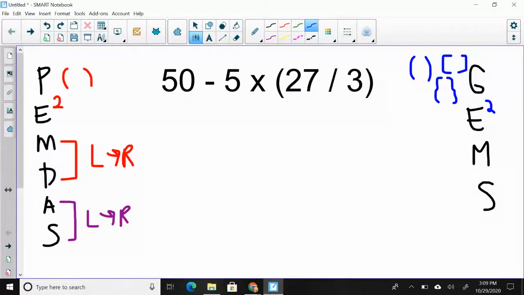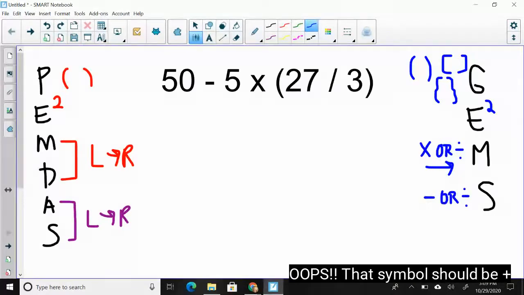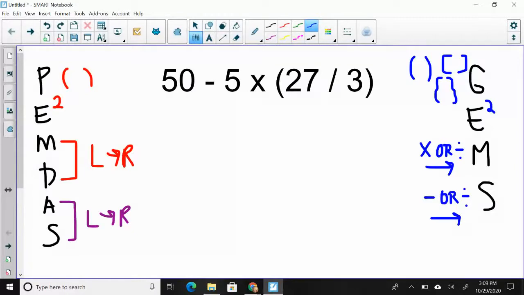M is going to stand for multiplication or division. And again, that's left to right. S stands for subtraction or addition, and that again is from left to right.